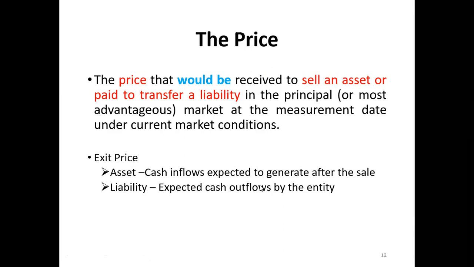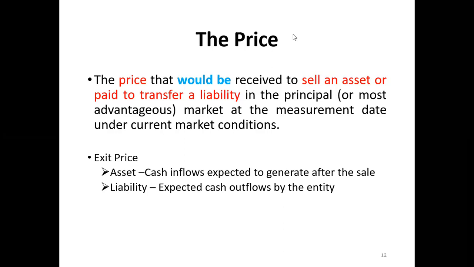Okay, good. So that is about the asset. When it comes to the liability, it is the expected cash outflows by the entity. Having assumed a particular kind of liability, there are certain cash outflows associated with it.